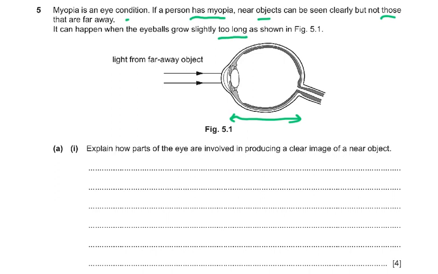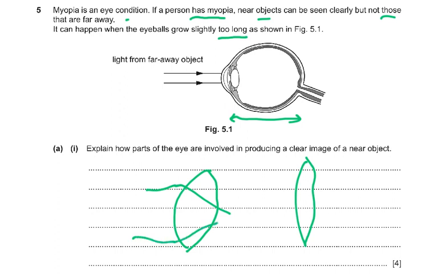Naturally, a thicker lens will bend the light rays more, and the light or the image is focused or formed on the retina, which is the fovea here.